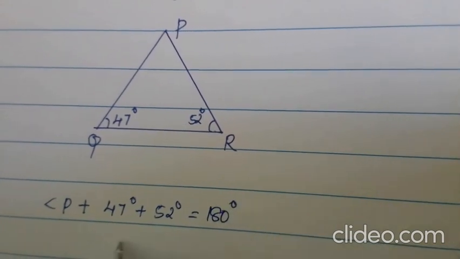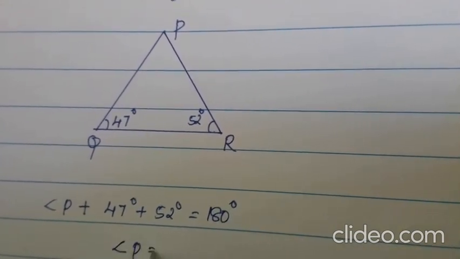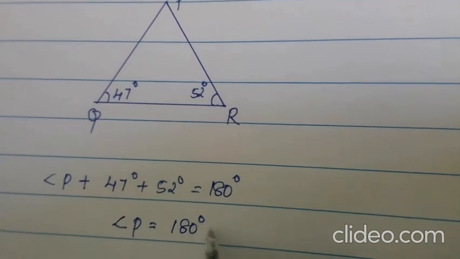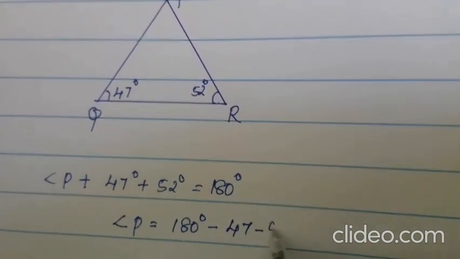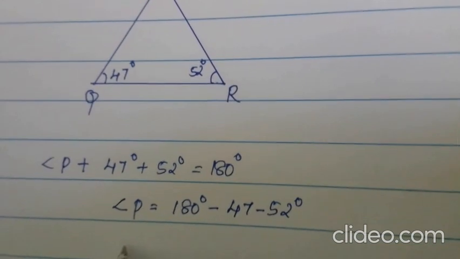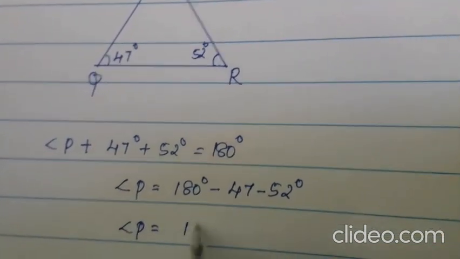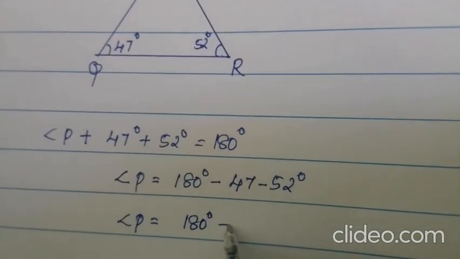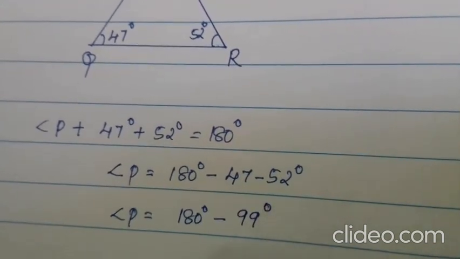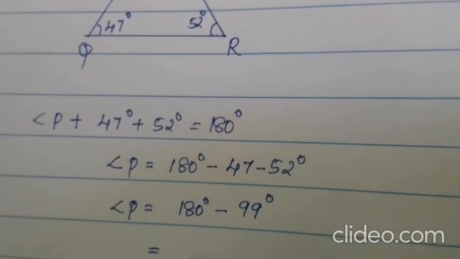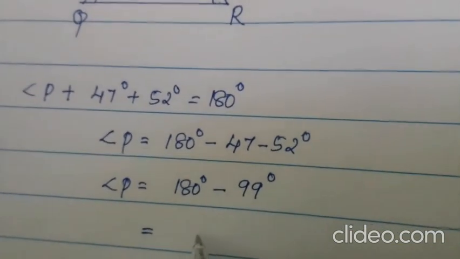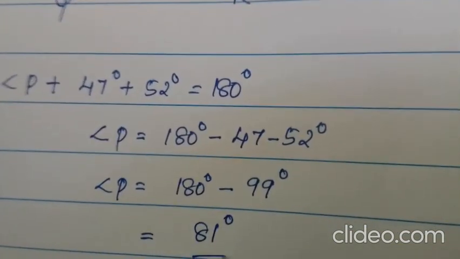Is it? So angle P is equal to 180 degree minus 47 minus 52 degree. Is it? So angle P is equal to 180 degree minus 99 degree. So what we will get? 180 minus 99 degree is 81 degree.